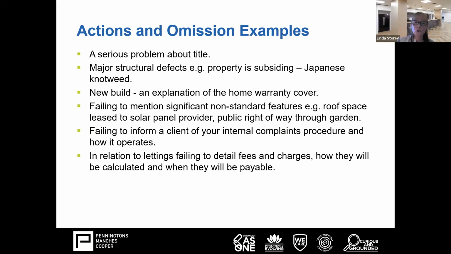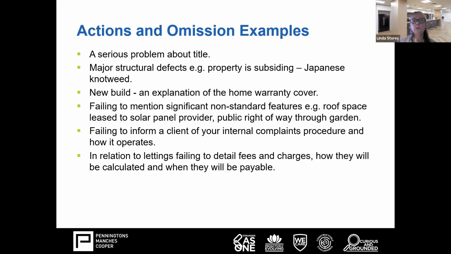This is something that could be a showstopper. And I think you would absolutely need to disclose that, because that could affect, obviously, any purchaser's ability to obtain a mortgage. Structural defects, obviously more not necessarily on a resale, but has there been ongoing subsidence or other structural issues? Japanese knotweed is a common one.